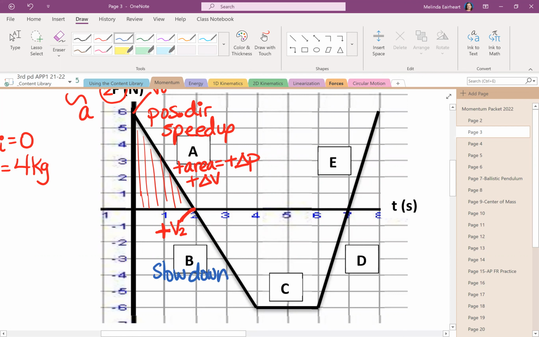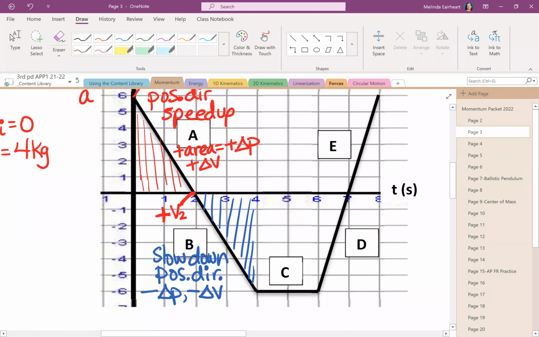But what direction are we going? We are still going in the positive direction. And your confirmation of that, look at your area. I have a negative change in momentum, a negative change in velocity.